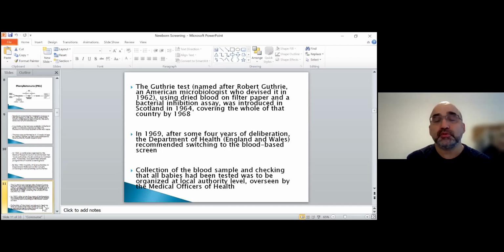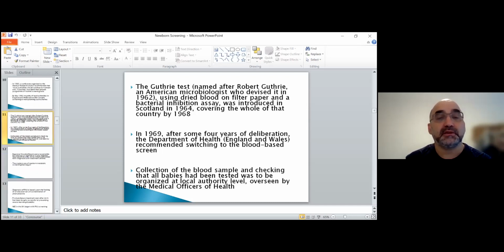This is a very important step in newborn screening, because the whole idea of this intervention is that everybody gets tested. And if you miss some people during the process, it's not going to have a good outcome.